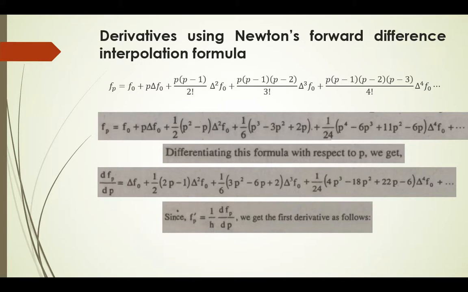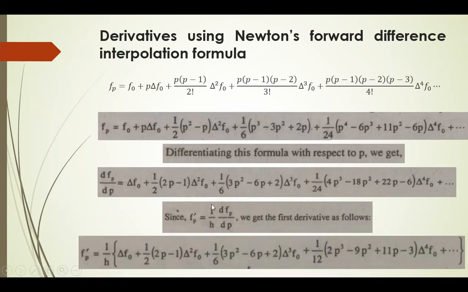As we know from the previous slide, f prime p is equal to 1 by h into d by dp of f of p. So entering this value, replace d by dp of f of p by this whole side, and you'll get f prime p is equal to 1 by h into this whole side.